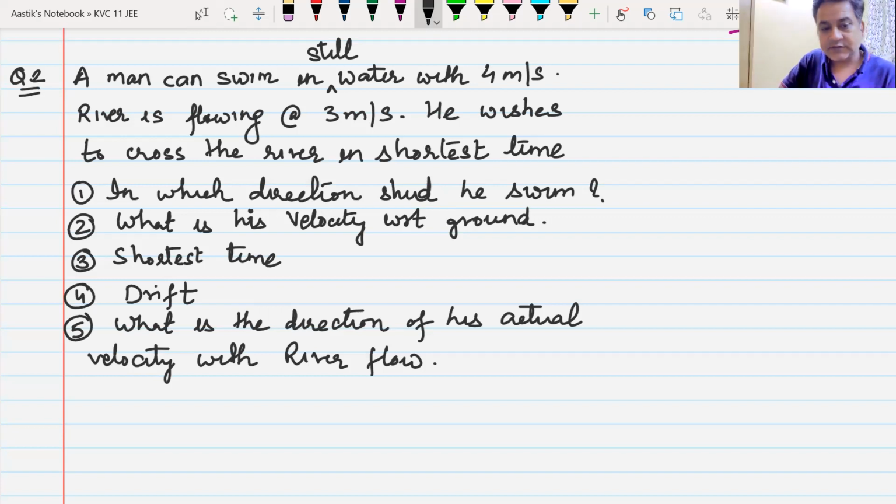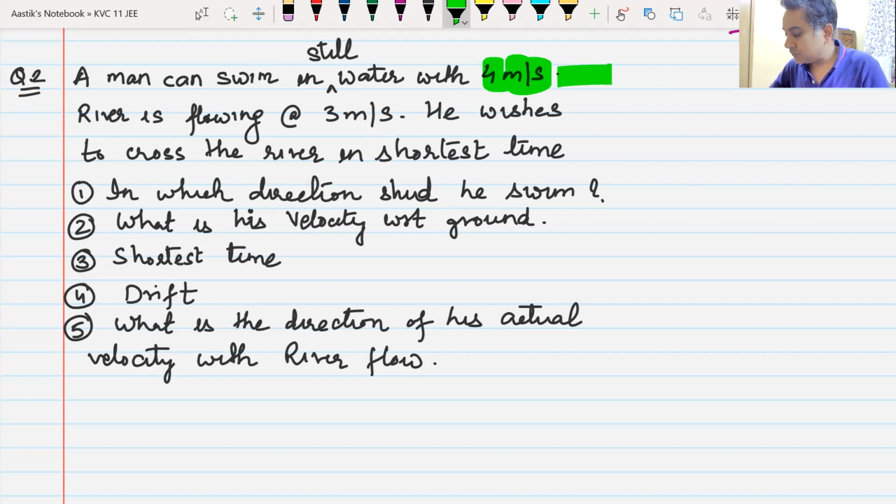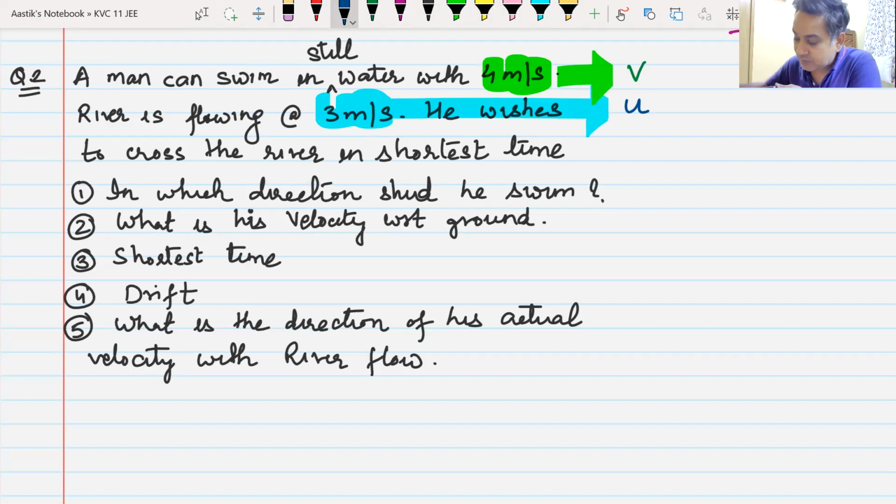Okay, so I hope everyone has got the answers, yes or no? Let us see what the answers are one by one. So here, this 4 is the velocity of man with respect to river. So this is actually V. And this 3 meter per second is the velocity of river with respect to ground.